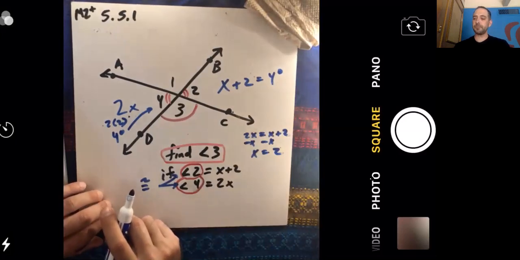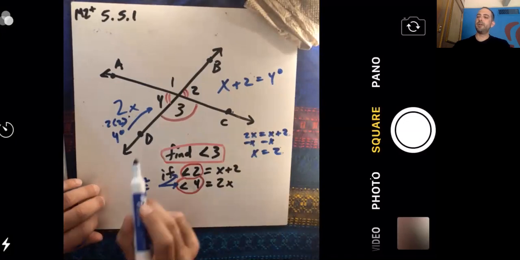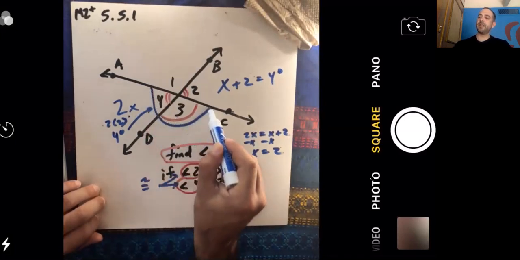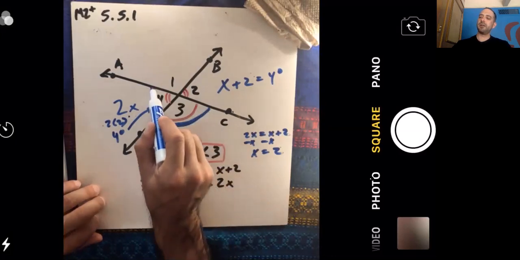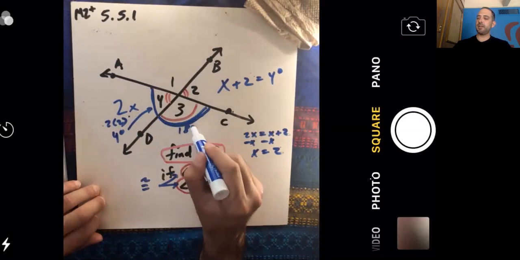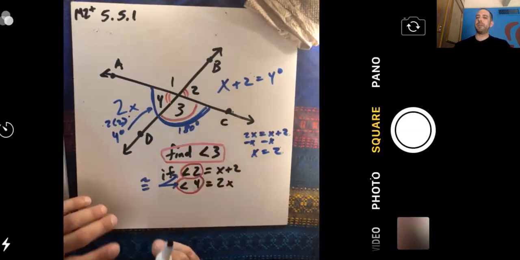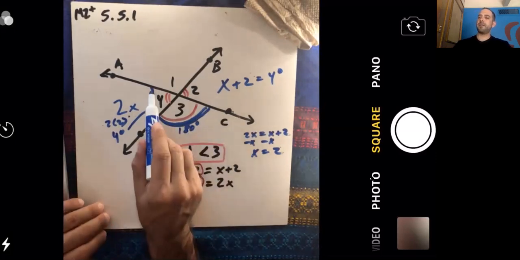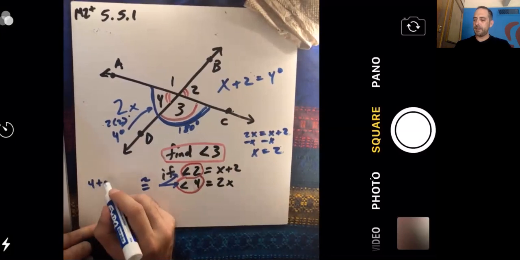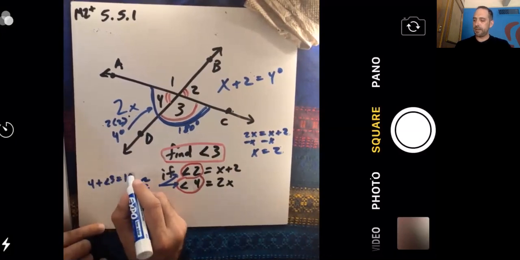All right. Now we know this is 4 degrees. What is the definition of a linear angle again? A linear angle adds up to 180 degrees. So because these are supplementary angles, 3 and 4, they make 180 degrees, we can go 4 plus angle 3 is equal to 180.